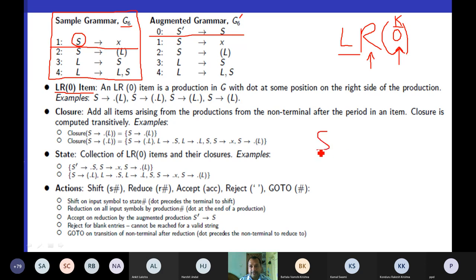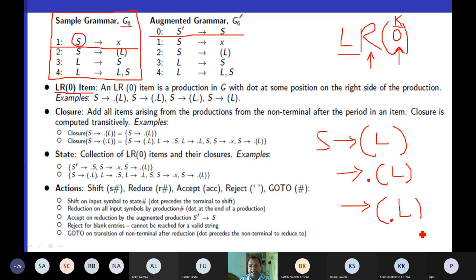If I write S derives (L), my second production rule, in one situation the dot can be at the very beginning of everything. That is my one item. Next, the dot can be after the opening or left parenthesis. That is my second item.